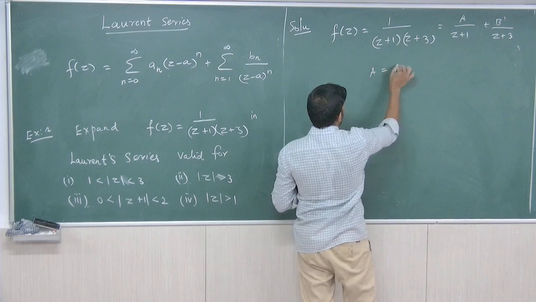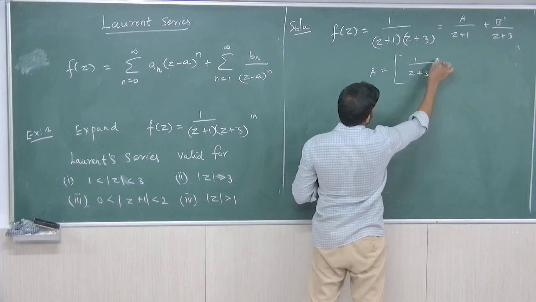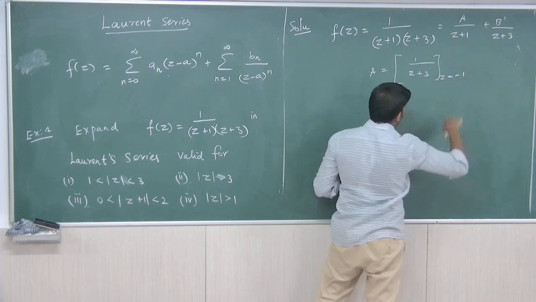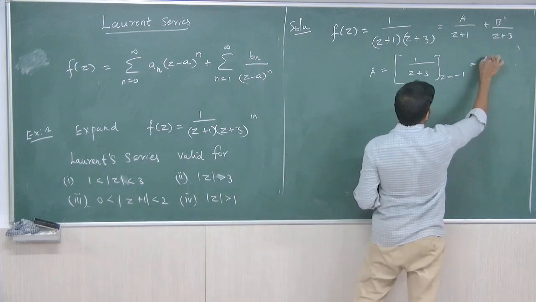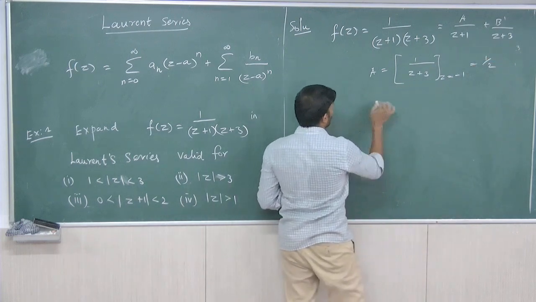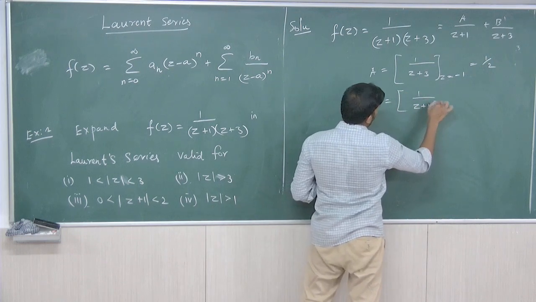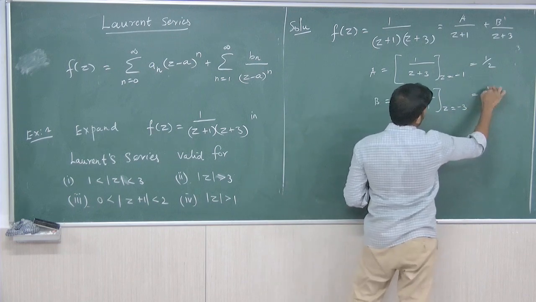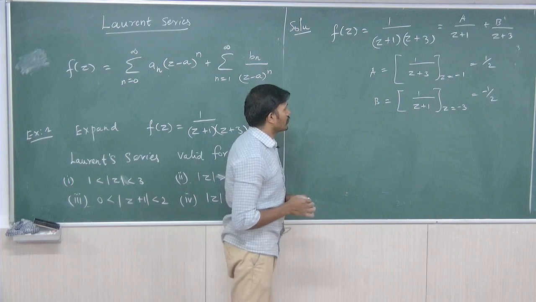To find a, multiply by z plus 1 and substitute z equal to minus 1. From that you get a equal to 1 by 2. For b, you substitute z equal to minus 3, so you get b equal to minus 1 by 2.